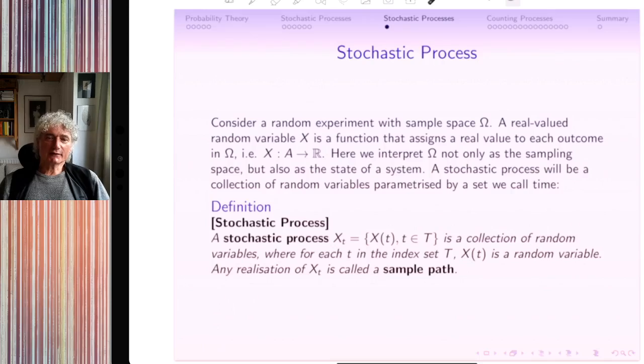Of course, you might think, why have I written this down so complicated, why do I introduce here a time set t? Well, this is very convenient because sometimes we have discrete time only in order to define a kind of dynamic process.